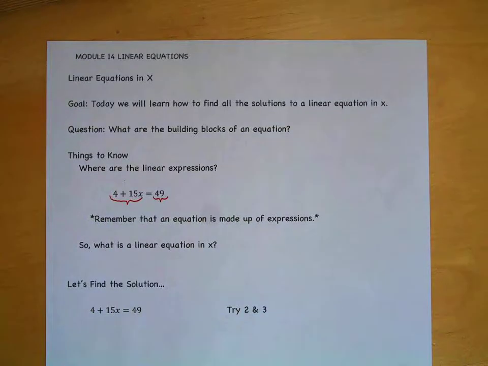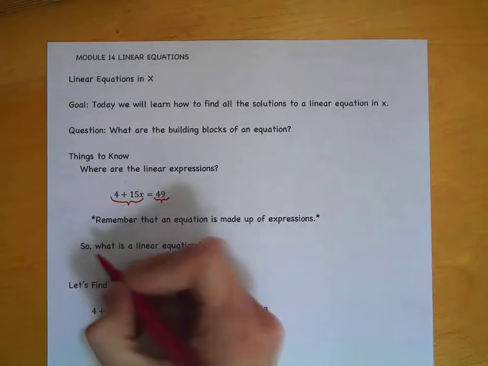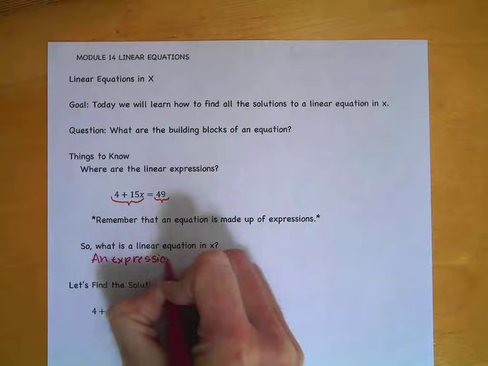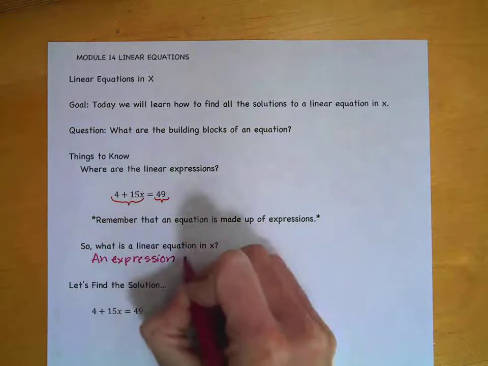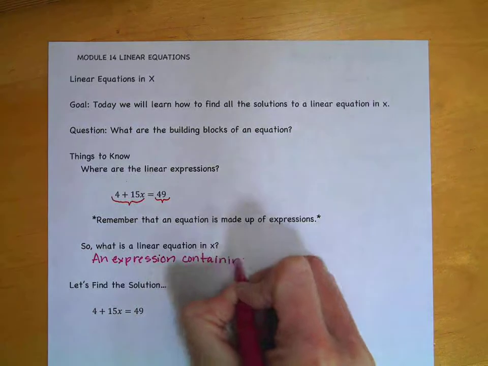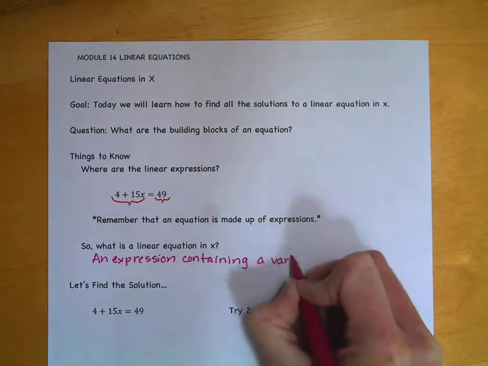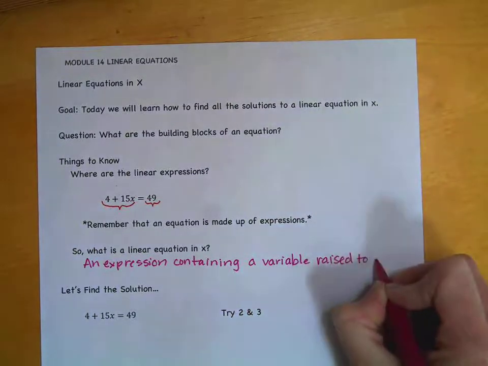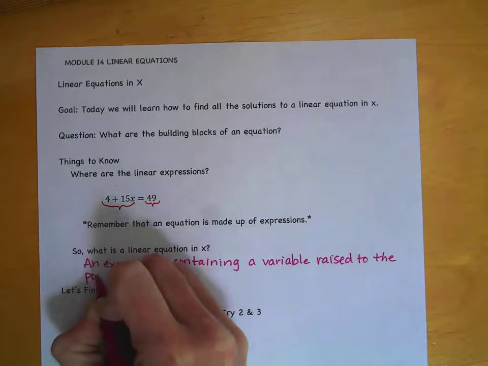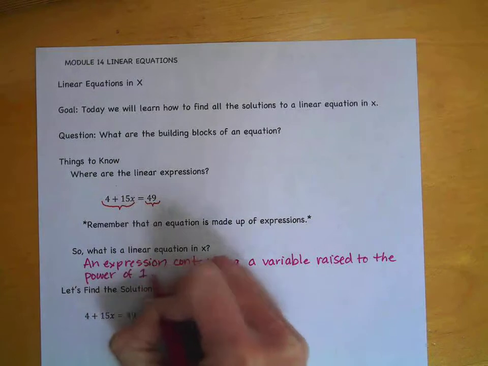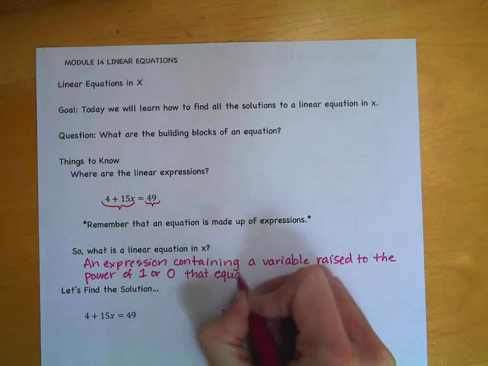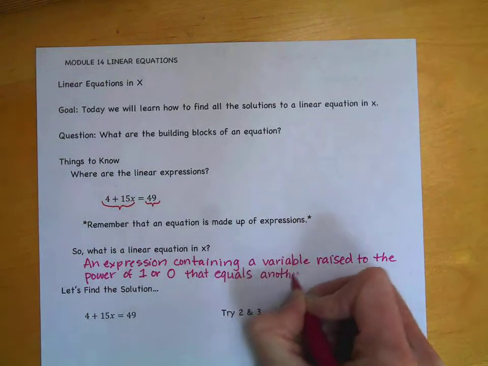All right, so what is a linear equation in X? A linear equation in X is an expression containing a variable raised to the power of 1 or 0 that equals another expression.